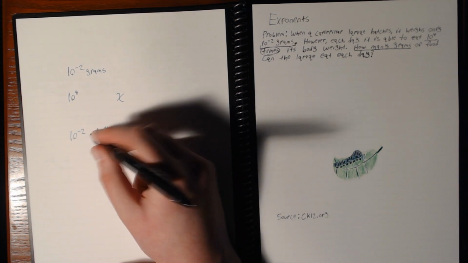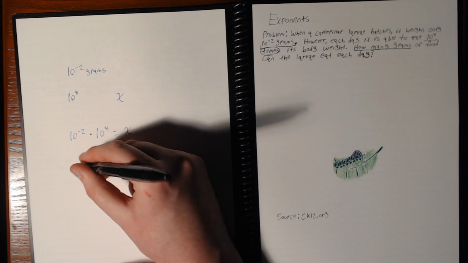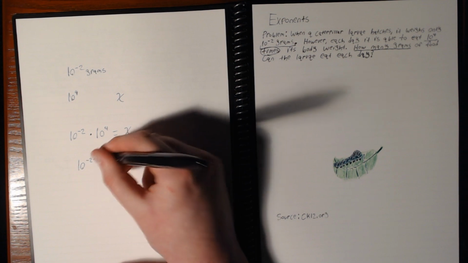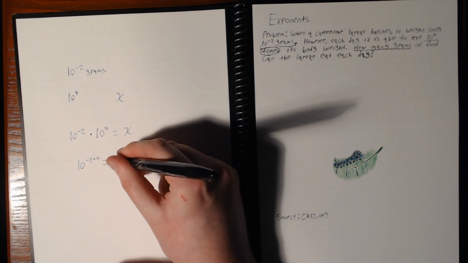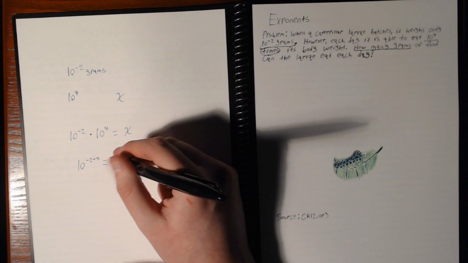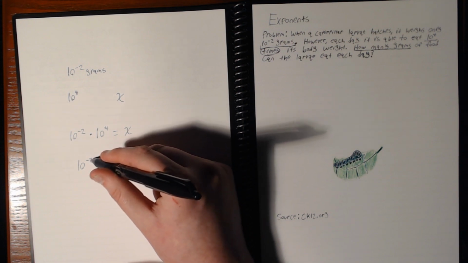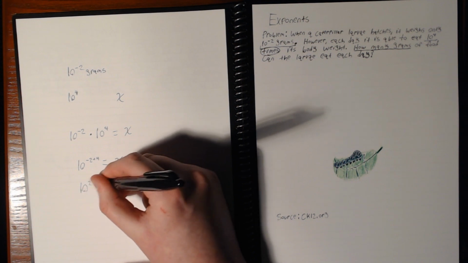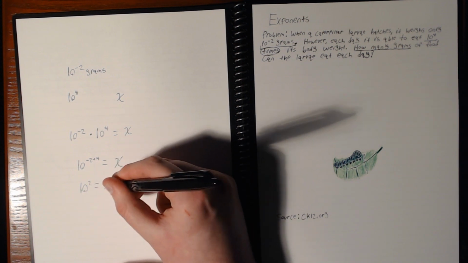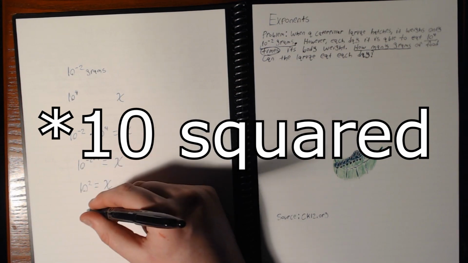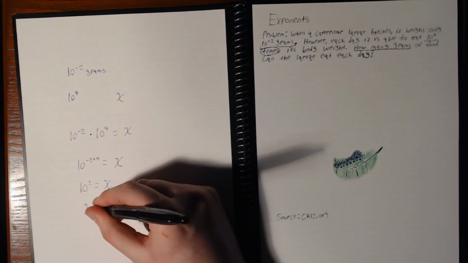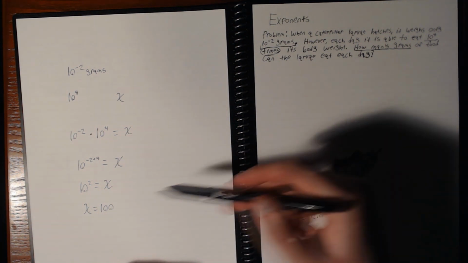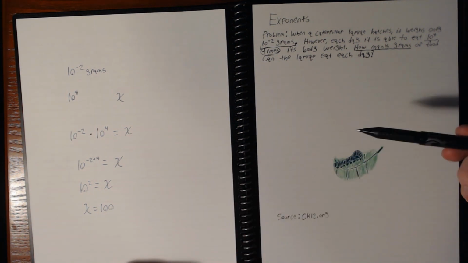So 10 to the negative 2 times 10 to the fourth power is exactly like saying 10 to the negative 2 plus 4 equals x. If we simplify negative 2 plus 4, we get 10 squared equals x. And we all know that 10 squared equals 100. That means that the caterpillar will eat 100 grams of food per day.